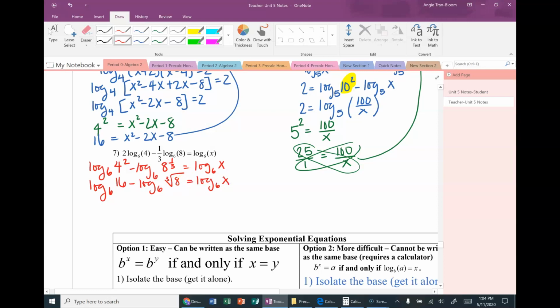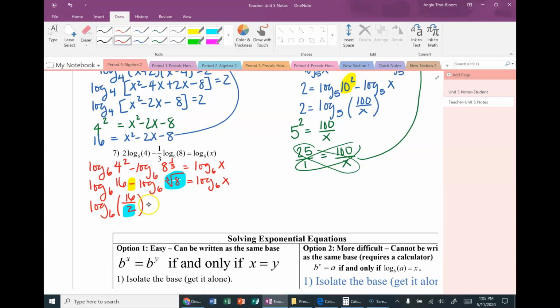Well, 3rd root of 8 is really 2, and you have a subtraction here. So we are going to write multiple steps in one. So that's going to give us log base 6 of 16 divided by 2, because 3rd root of 8 is 2.